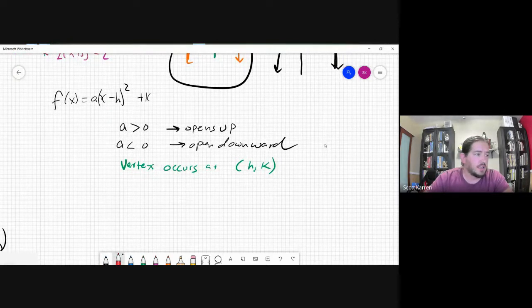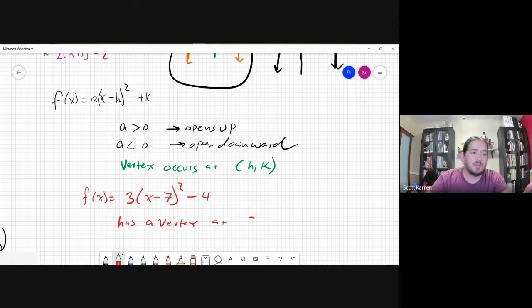So if I have, let's say, f of x equals whatever it is, right? This vertex is at the point 7, -4, right? And it's 7, not -7, because the equation here has a negative on the inside, right?